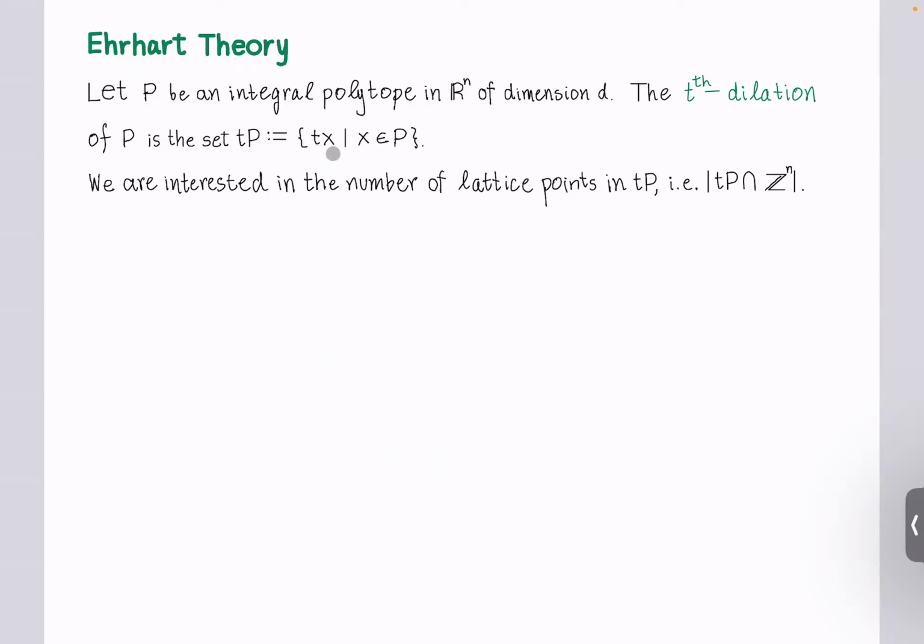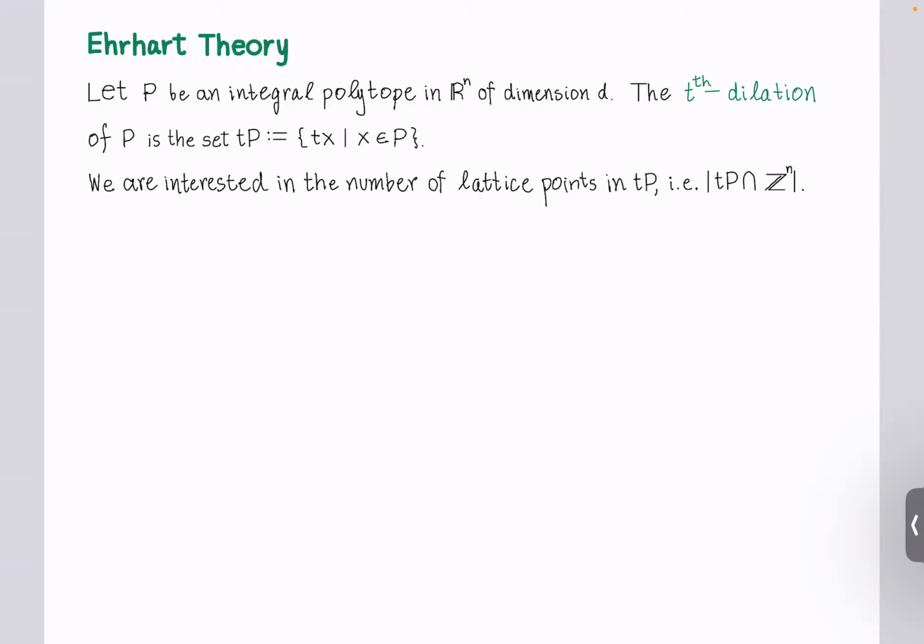So visually, tP is scaling the polytope P by t, so it gets t times bigger. And we are interested in the number of lattice points in tP, or the size of tP intersect Z^n.